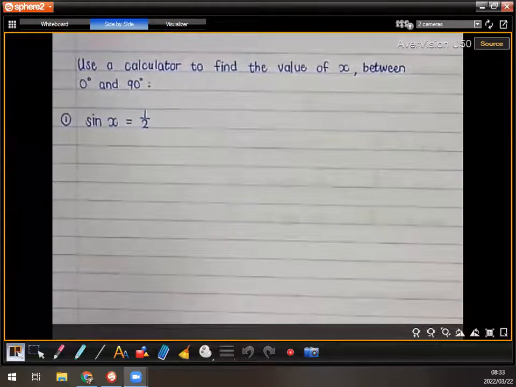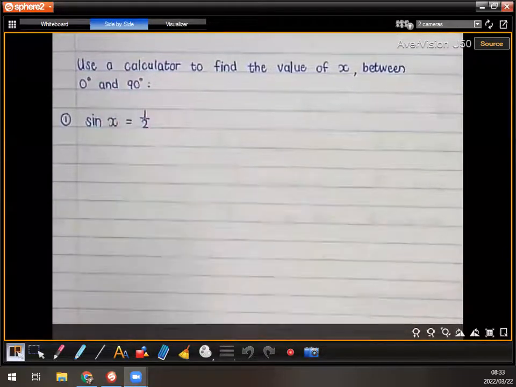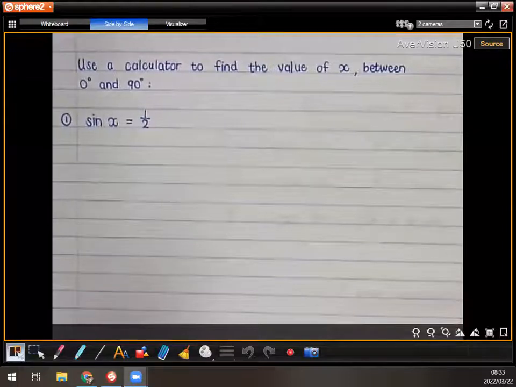What are we working with all the time? A triangle. So guys, if we're working in a right angle triangle, we already have a 90-degree angle, right? That's a given. So the other angles in this triangle will have to be something between 0 and 90 degrees. They will both have to be acute angles.